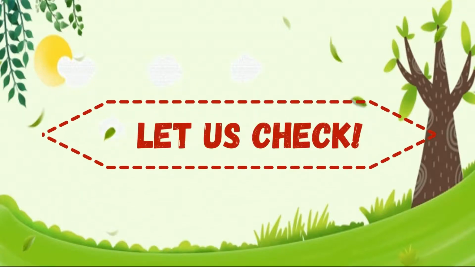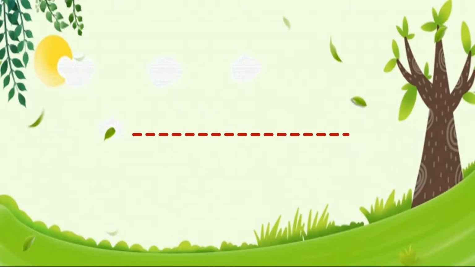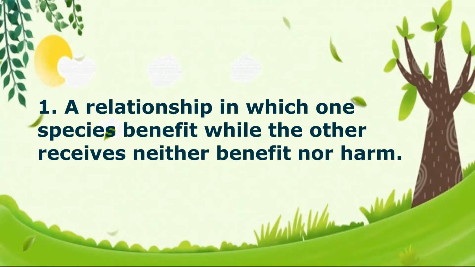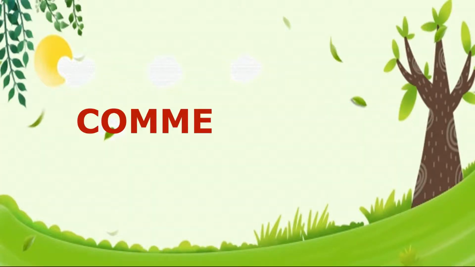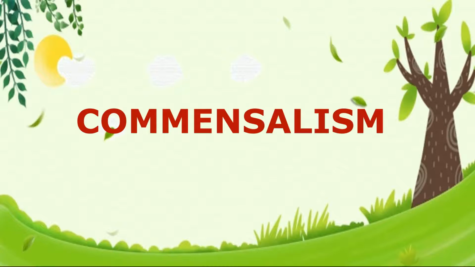Let us now check learning task 2. Number 1. A relationship in which one species benefits while the other receives neither benefit nor harm. The answer is commensalism. Number 2.